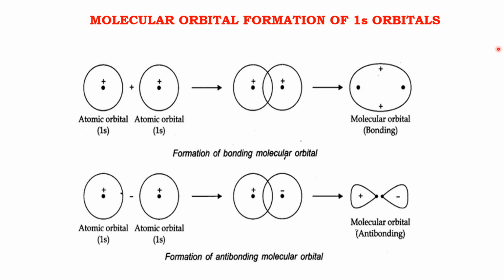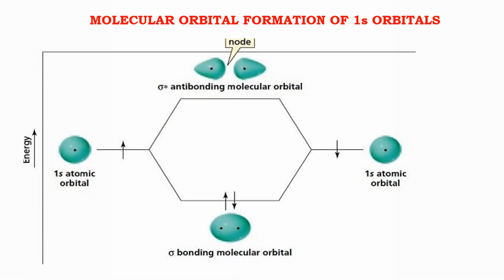Now we are considering the molecular orbital formation from 1s orbitals. We know 1s orbital is the first orbital of any atom and they have spherical shape.